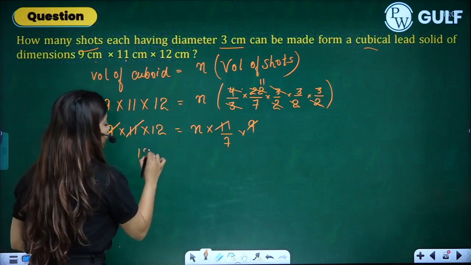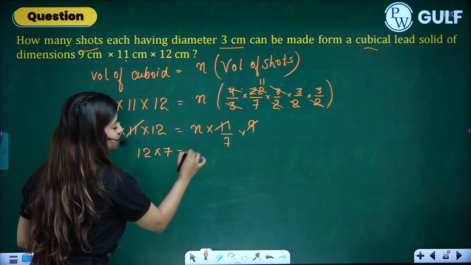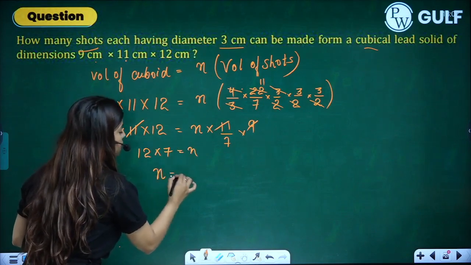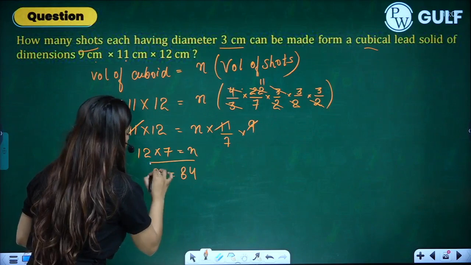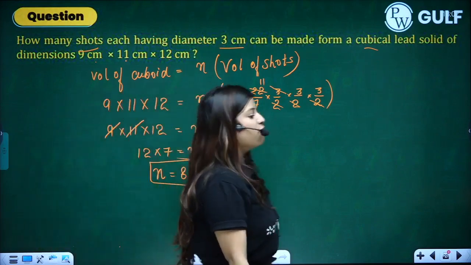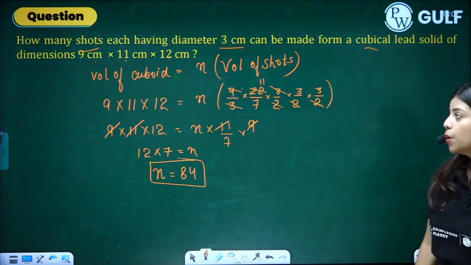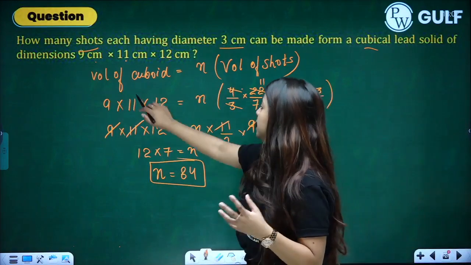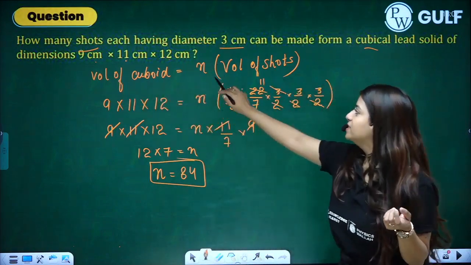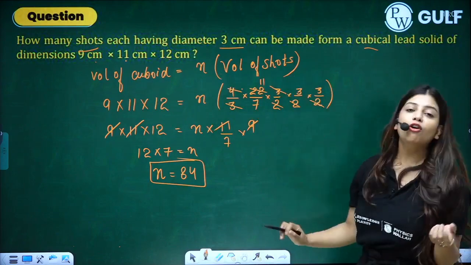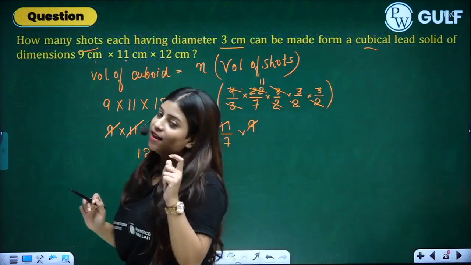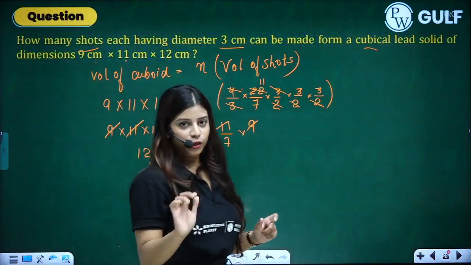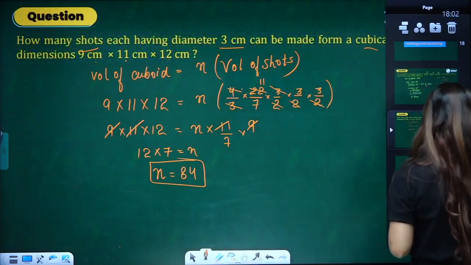What we are left with is 12 into 7 equals n, and the number of spherical balls comes out to be 84. So basically the catch over here is that the volume of cuboid is equivalent to n into the volume of the spherical shots that are present in front of you. I hope this is clear to everyone.